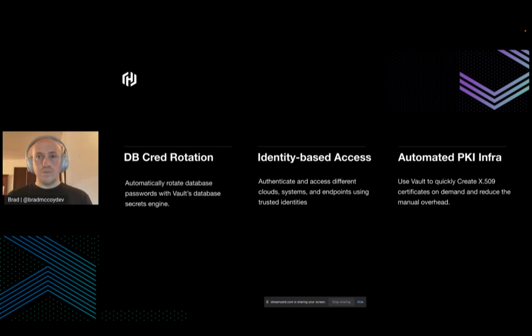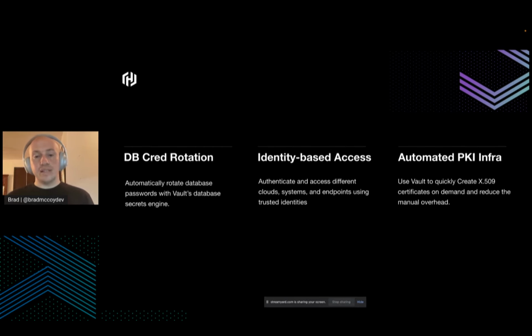Implementing Vault pretty early on, sooner rather than later, is good for doing stuff like this, because sometimes you generate a lot of tech debt and then you can't do the more advanced capabilities like DB cred rotation. So really you want to automate your secrets with it. It's probably a good way of explaining how it works. With DB cred rotation, you can automatically rotate database passwords with Vault's database secrets engine.